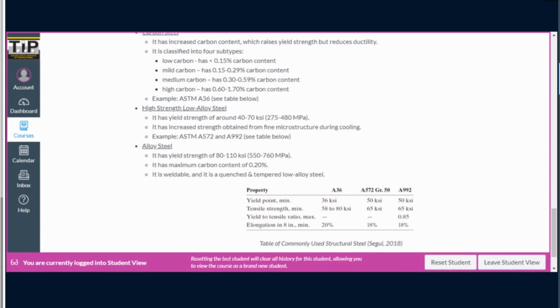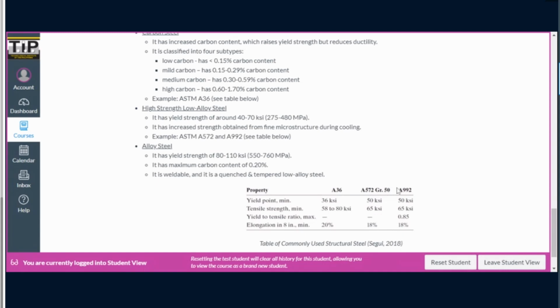So examples of high strength low alloy steel are ASTM A572 and ASTM A992. A572, I think it is also available here, but its use is not as popular compared to A36. In the Philippines, we use A36 much more than A572.